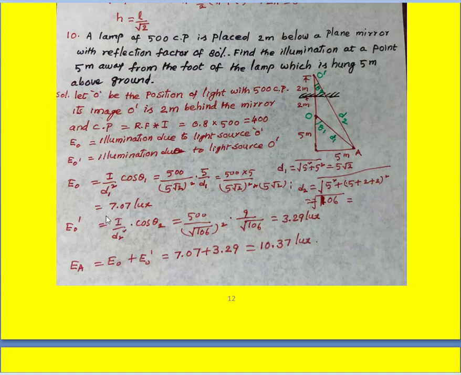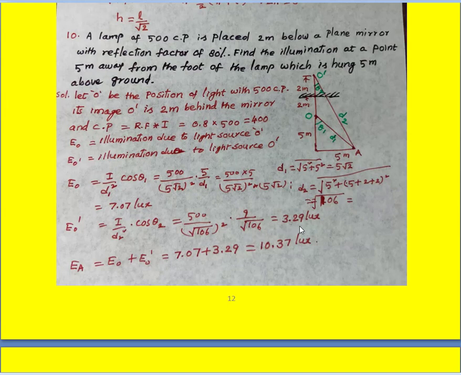Similarly, the illumination due to O dash is I by d2 square into cos theta 2. So I is given as 500 divided by (root of 106) whole square into cos theta 2, which is 9, that is 5 plus 2 plus 2, divided by root of 106.